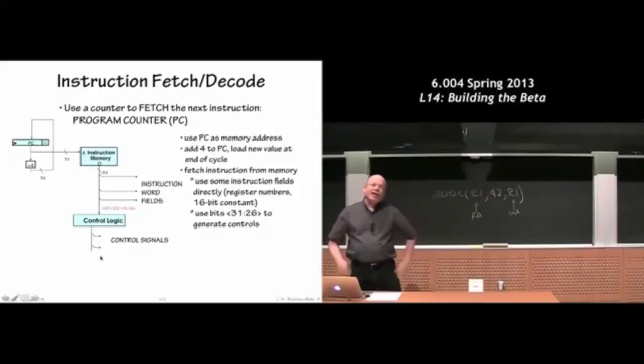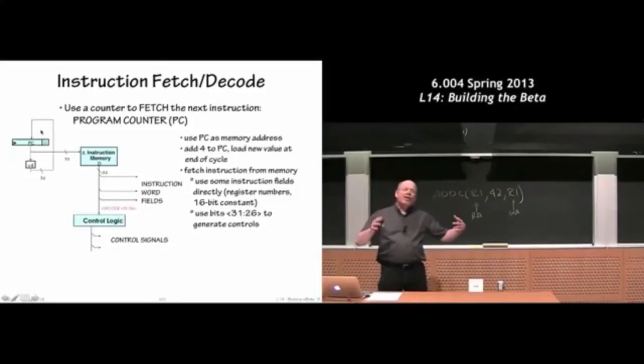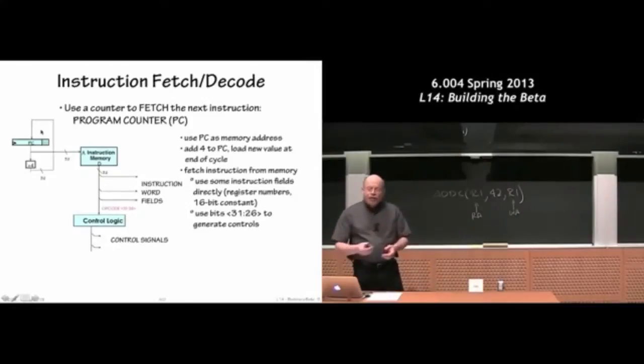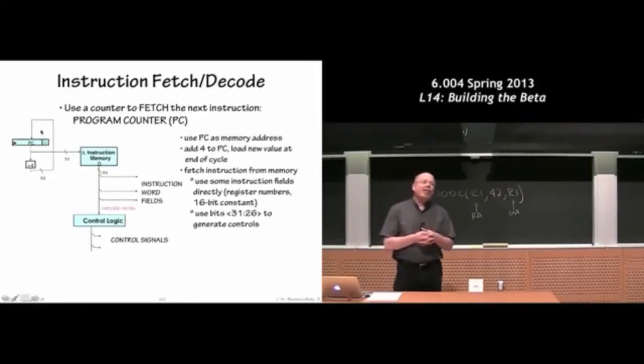That'll make more sense in just a second, as you start seeing what the control signals control. And then finally, while we're executing the instruction, we're also adding 4 to the program counter. At the end of the cycle, we will load the program counter with the new program counter, which in our very simple execution right at the moment is always the next instruction, 4 bytes farther along in memory.